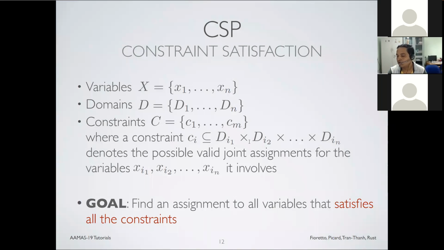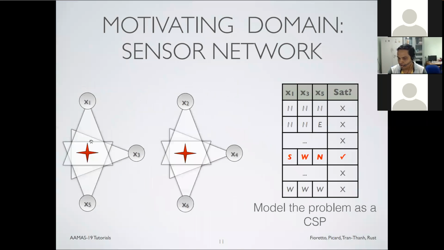It is a cross product of all the domain values. That means for this particular scenario, this combination of x1, x3, x5 satisfies my requirement. For all the remaining combinations, this is not satisfied.